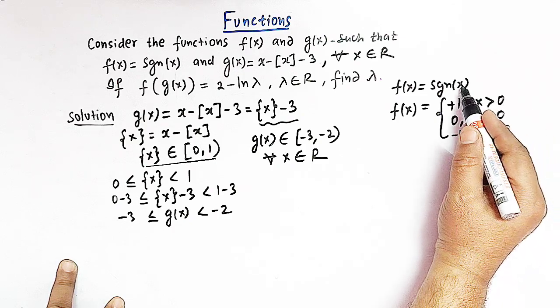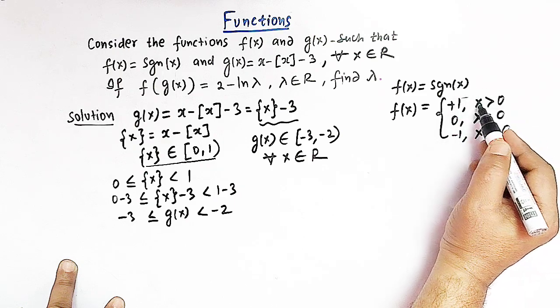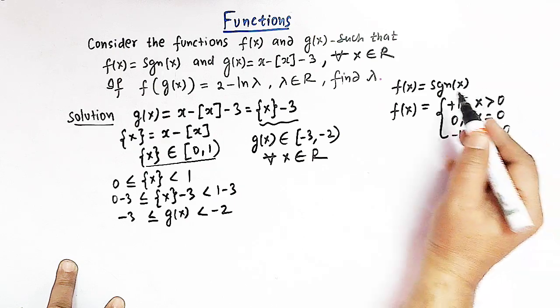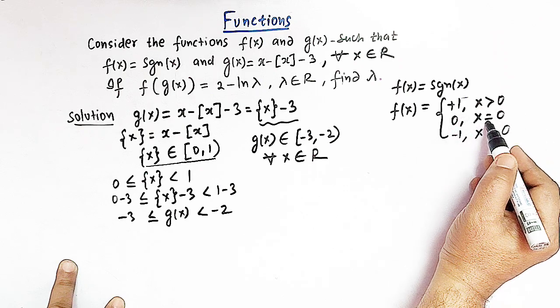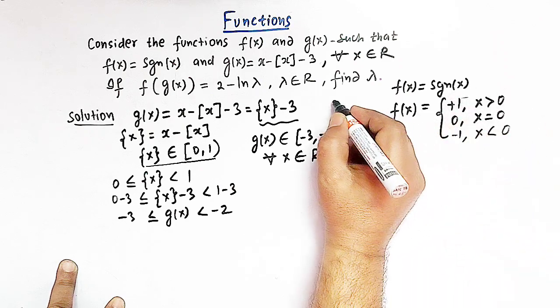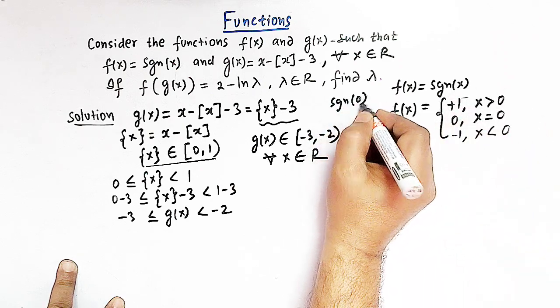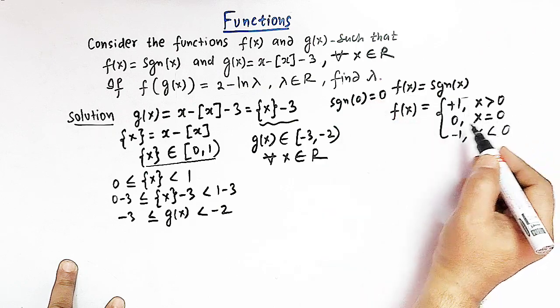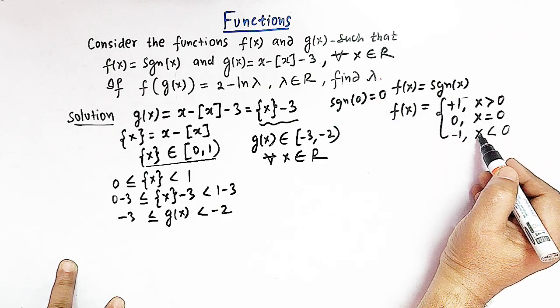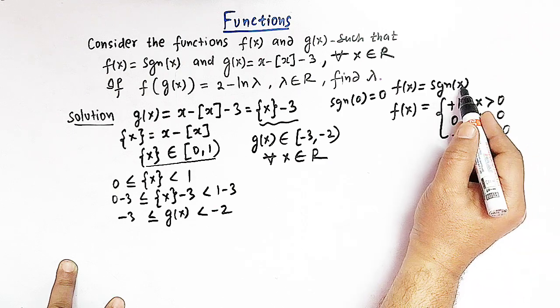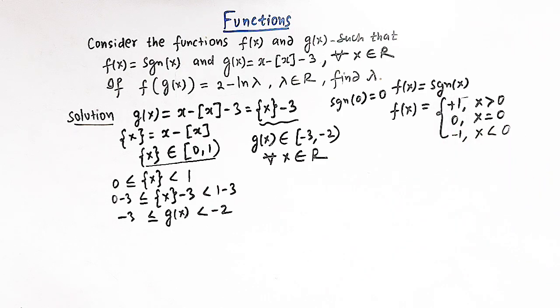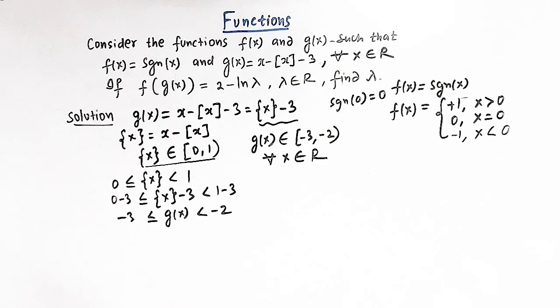So whenever x is a positive number, signum of x takes the value plus 1; signum of 0 is defined as 0; and when x is a negative number, signum of x takes the value minus 1.